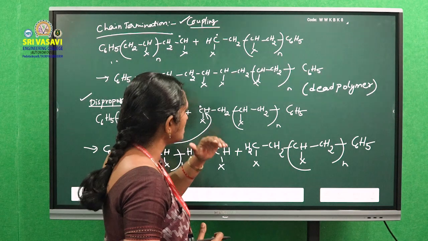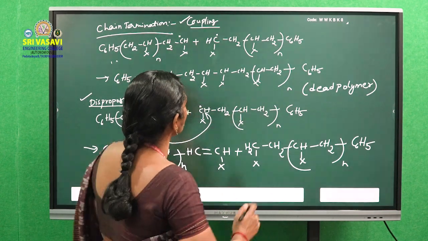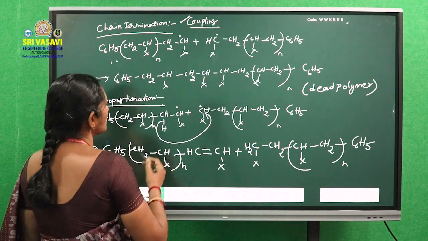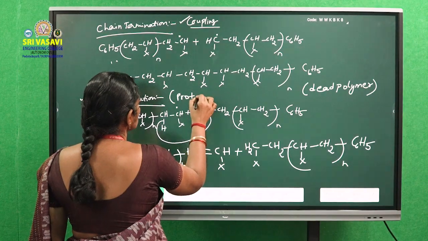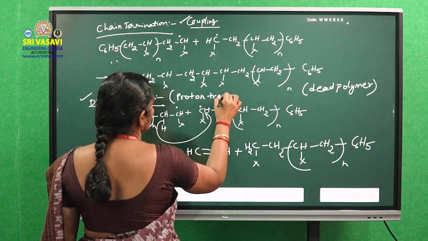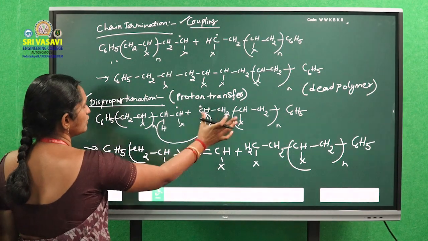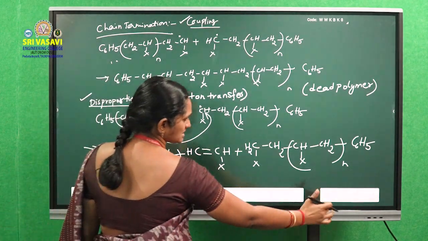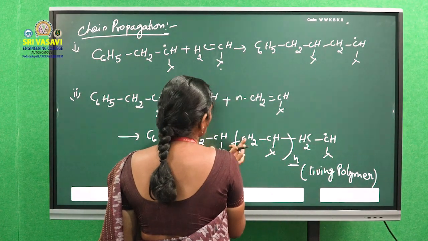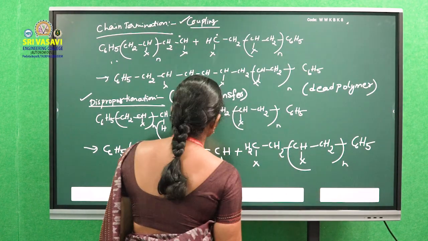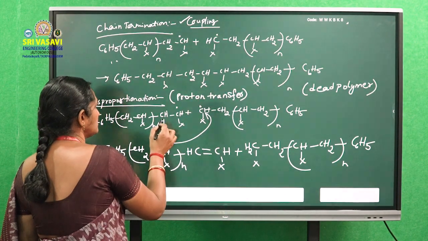Okay, next, the other one. We can also remove this free radical in the other mode, that is disproportionation. We can also simply call this proton transfer. For that, I have taken two living polymers, like the living polymer from the previous step.